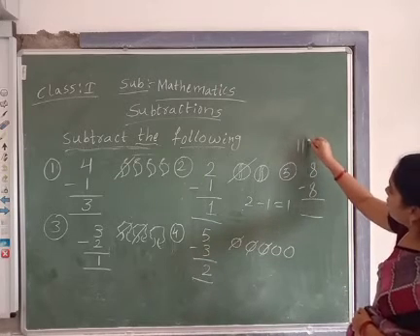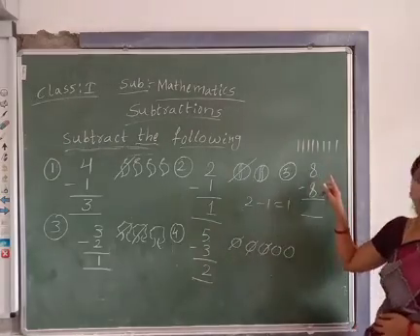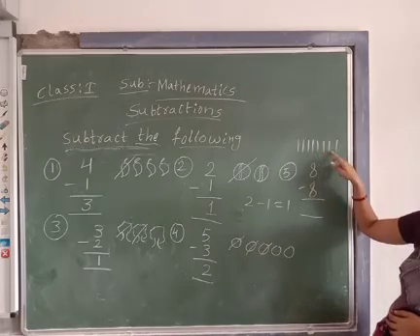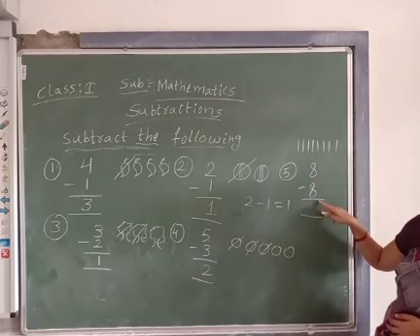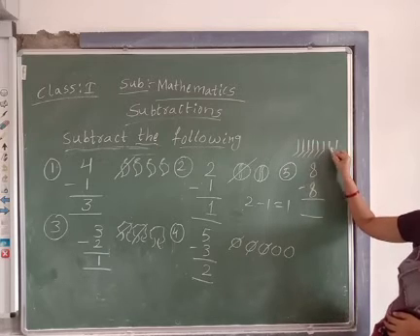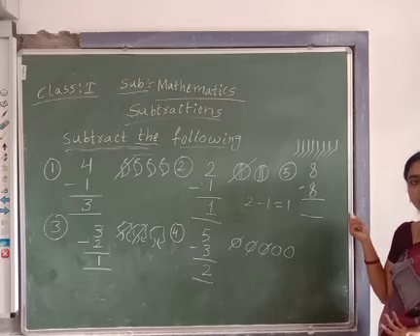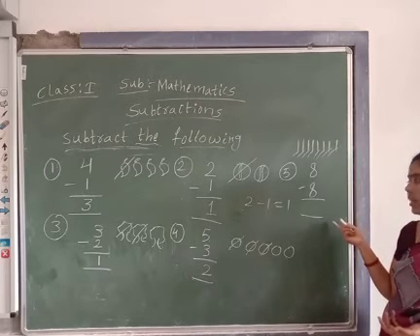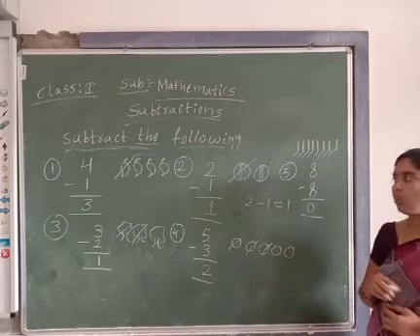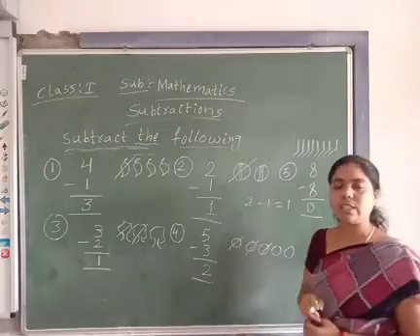So 8 lines will be drawn: 1, 2, 3, 4, 5, 6, 7, 8. So how many will be cut? 8. 1, 2, 3, 4, 5, 6, 7, 8. So nothing is there. So 8 minus 8 equals 0. All are subtracted. So 0. Do you understand, children?